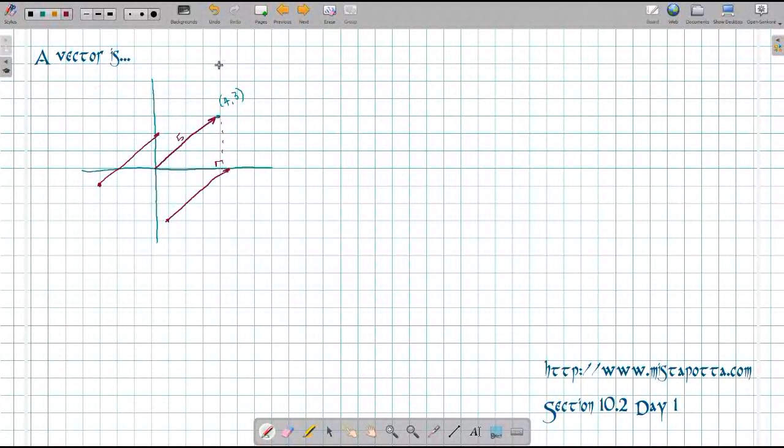So when I talk about a vector, it is a value that has both magnitude and direction. And what's really important to remember is that a vector is not a position.